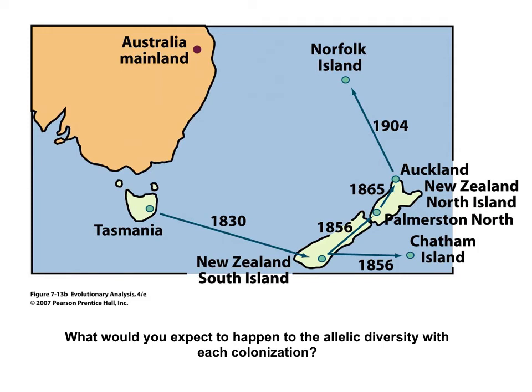And you might imagine that with each of these subsequent steps down a colonizing event cascade, what would you expect would happen to the allelic diversity at each of these times? Because you're taking a small sample of the previous population, and that small sample is then founding the next population. Their population sizes are going up, and then you're going to have a small sample of that one go to the next one, and go to the next one. So what would we expect? We would likely expect genetic diversity to decrease with each of those colonizing events.